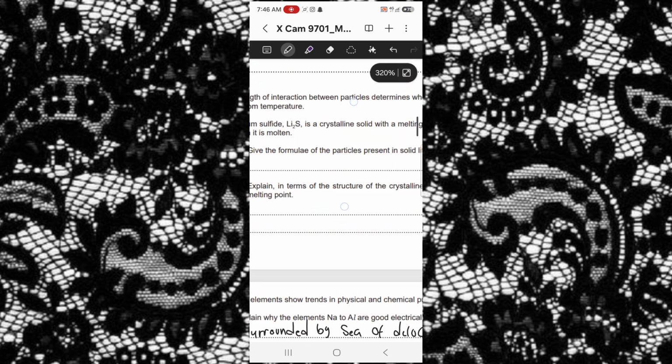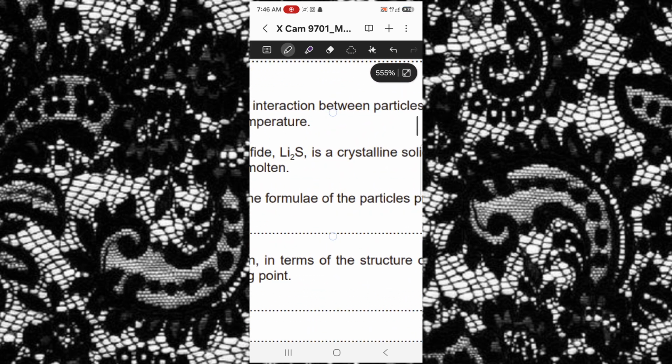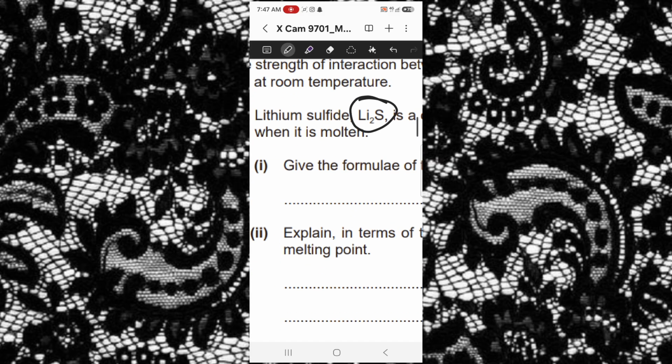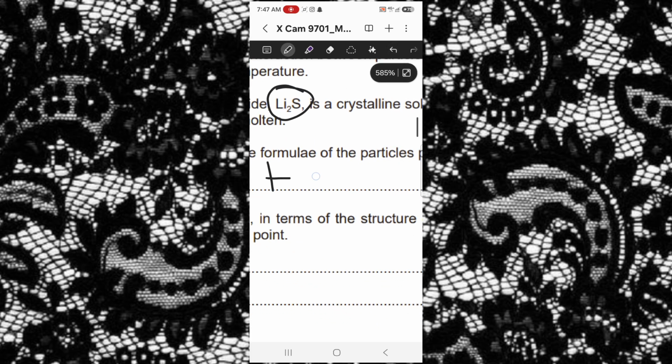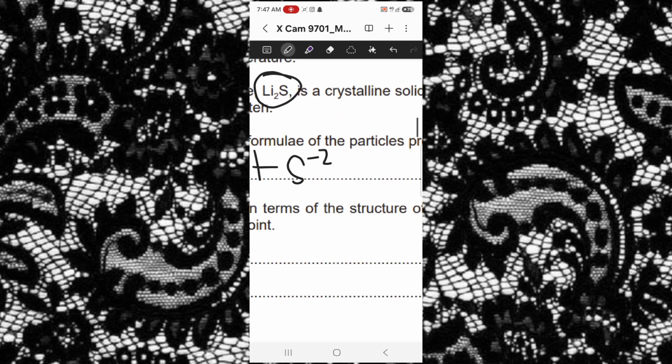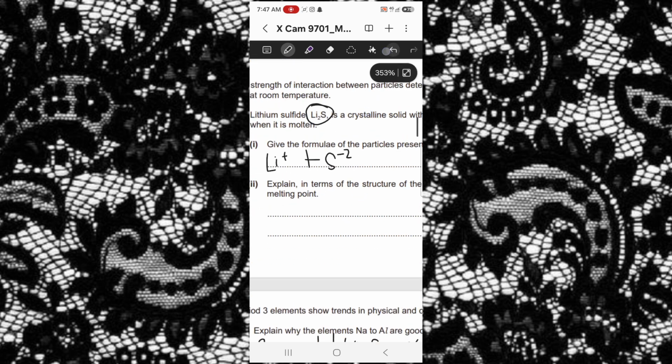So the formula is using ion because this is an ionic compound. So Li plus. Why Li plus? Because this Li is located in group 1 and S is located in group 16, and the S ion is 2 minus. So this is the answer.